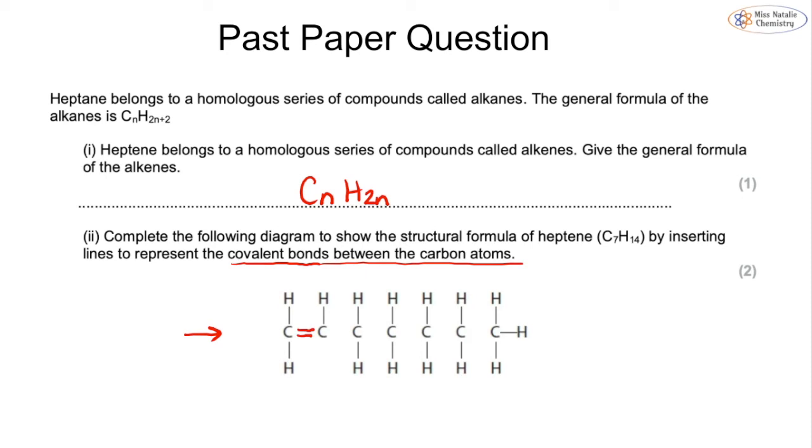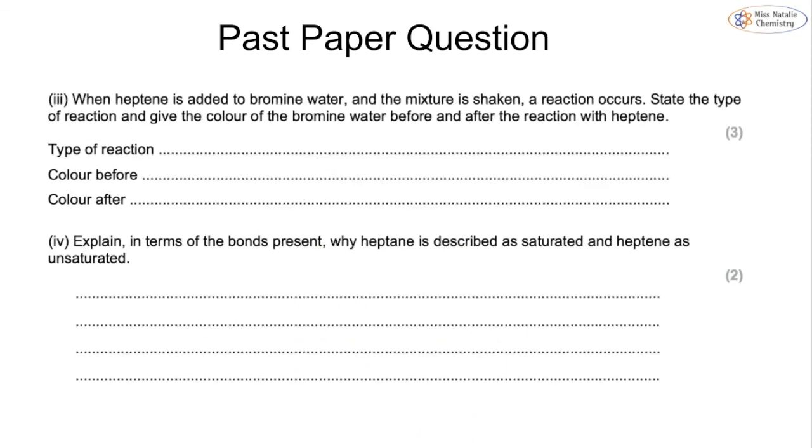If I was to put a single bond there, my carbon would be missing 1 bond. If I've already added my double bond, then all the others have to be single. So I just draw nice single lines, and I can go through each carbon and check that it only bonds to 4 other substances. So we get 4 bonds being formed for every carbon, and that's our 2 marks.